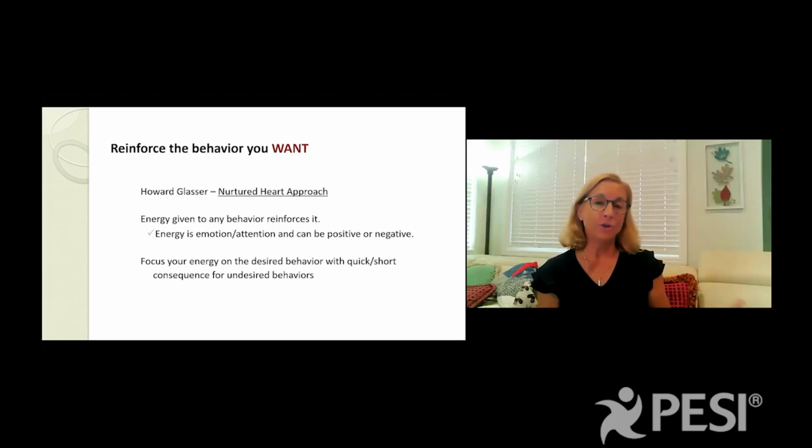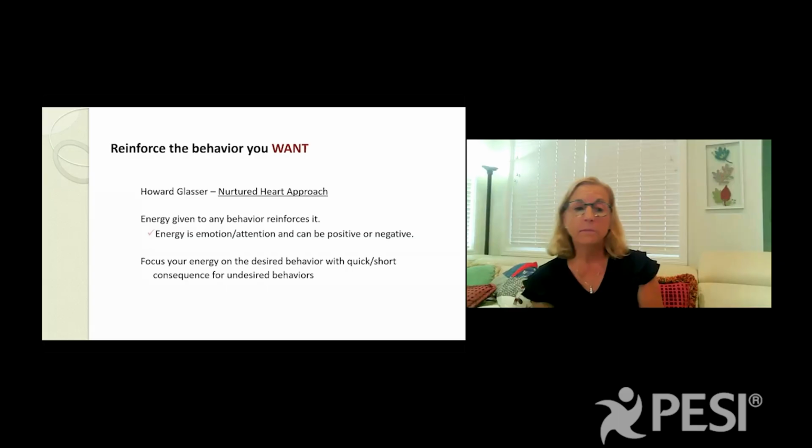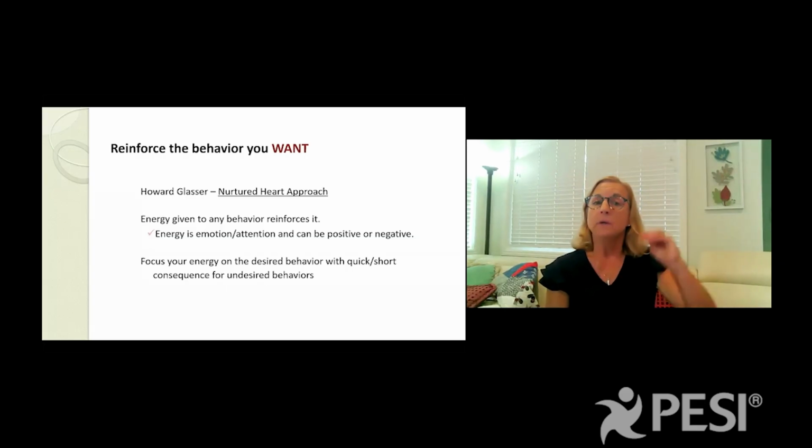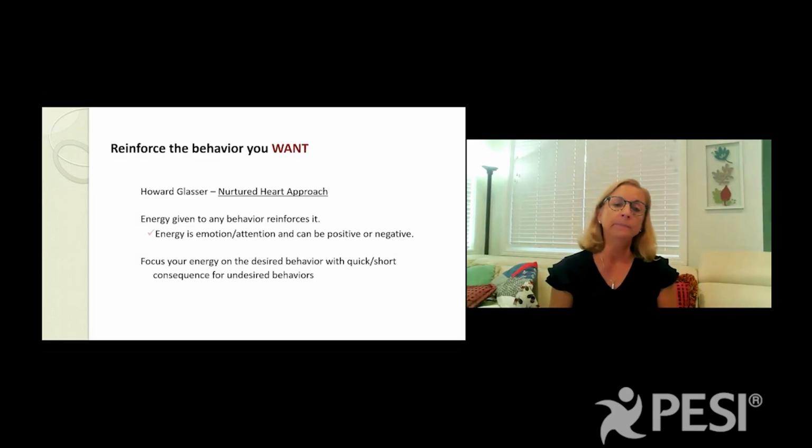If I give my energy, even if it's, oh, I'm so disappointed in you, I'm reinforcing that behavior. So energy is emotional excitement, disapproval, our emotional energy. That's what he's talking about. Because energy is emotion and attention and can be positive or negative. But whichever it is, if we give it to that behavior, we're reinforcing the behavior.